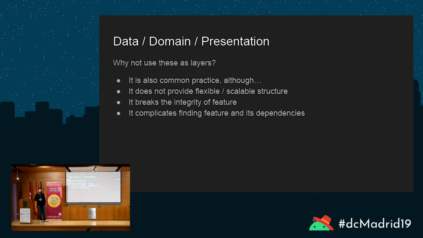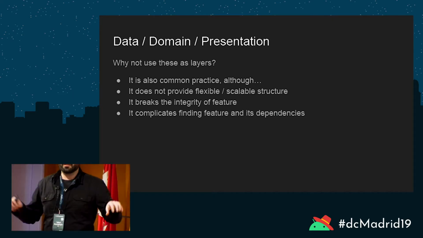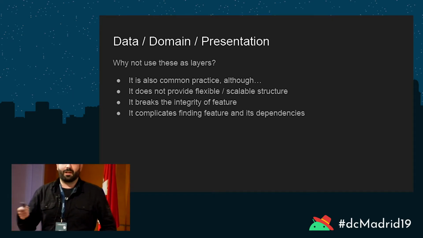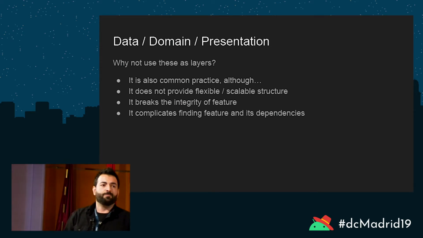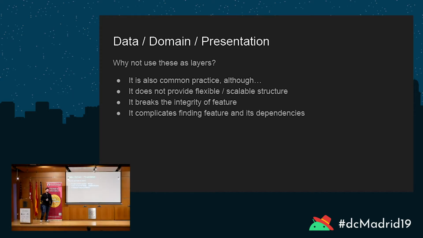And it kind of breaks the integrity of the code, of the feature, because if you have, for example, one feature and it has data, domain, presentation layers, and you want to take that feature out, then you need to pick these three pieces from different modules or layers. It's more complicated to take the feature out, and it complicates finding the feature and the dependencies.